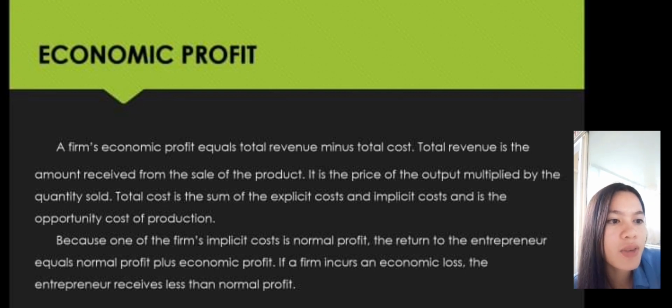And sa total cost, i-add mo ang imo explicit cost and implicit cost o opportunity cost of production. So, i-total mo yan to siya, i-add mo ang sa explicit, implicit, o opportunity cost, amo na dayon siya ang imo total cost. So, yaon na dayon ang imo total revenue o total cost, so i-minus mo dayon sila duha. Amo na dayon ang result sa iya economic profit.